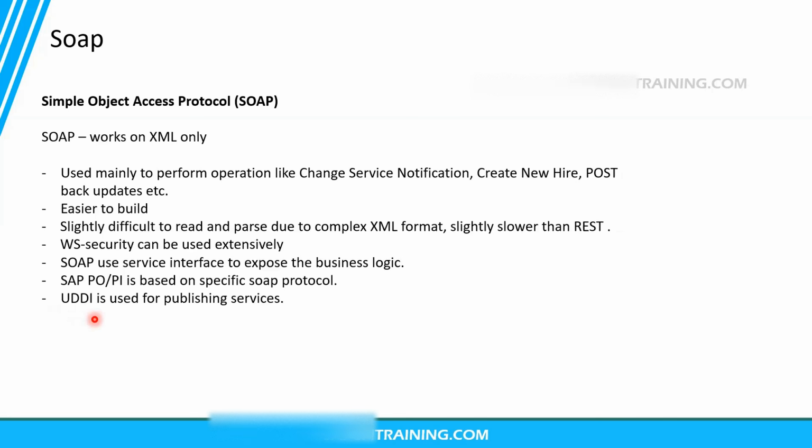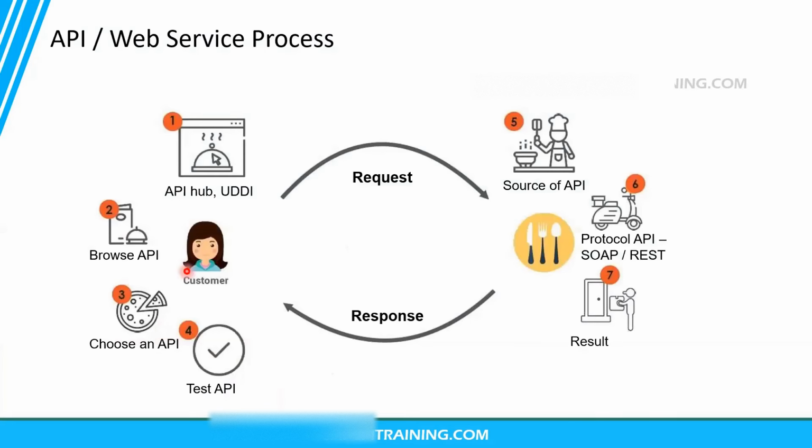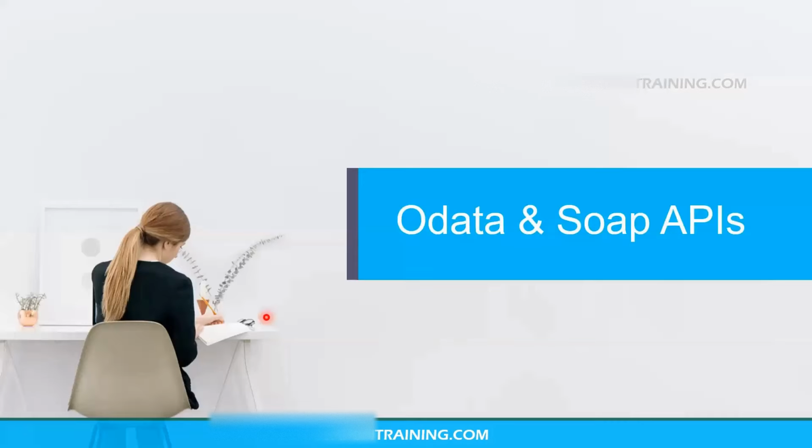Once he enrolls it in the registry, whoever is in need can go through that UDDI, get the data, and use that API. That's it. It's like a service catalog, like we have discussed here, API Hub or UDDI. We can browse through the catalog and choose an API.